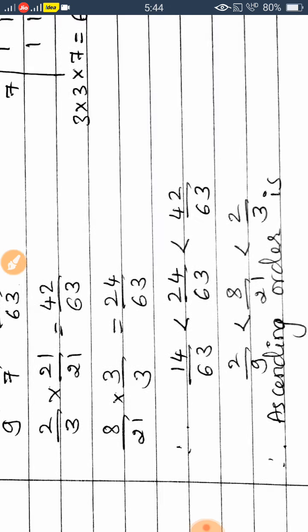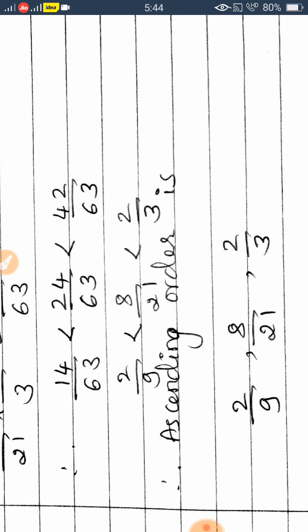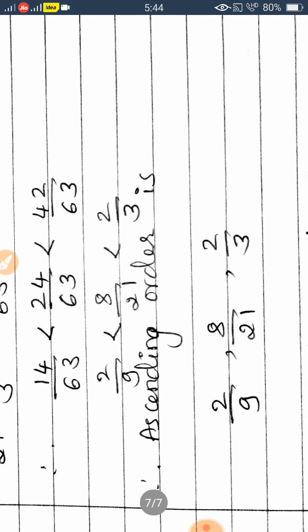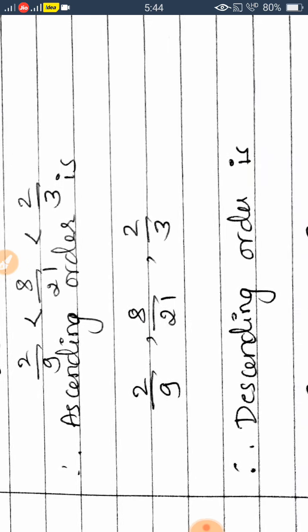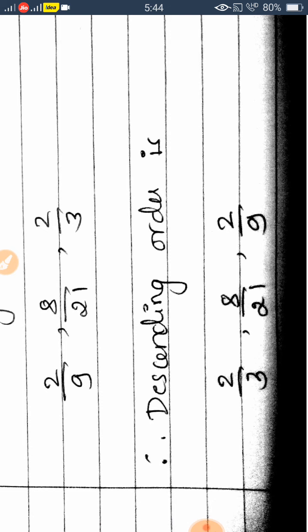So ascending order means from smaller to bigger. Already it is smaller to bigger itself. So ascending order is 2 by 9, 8 by 21, 2 by 3. Descending means reverse process, from bigger to smaller. So 2 by 3, 8 by 21, 2 by 9.